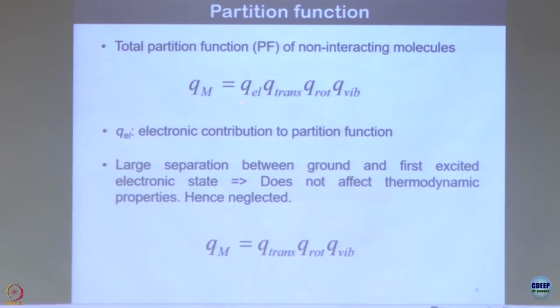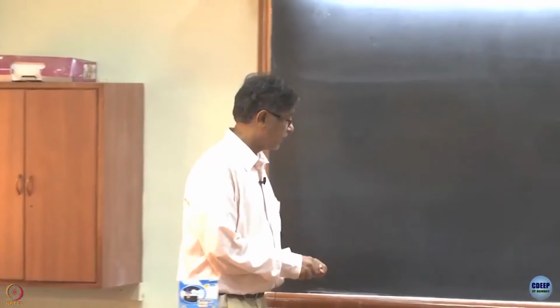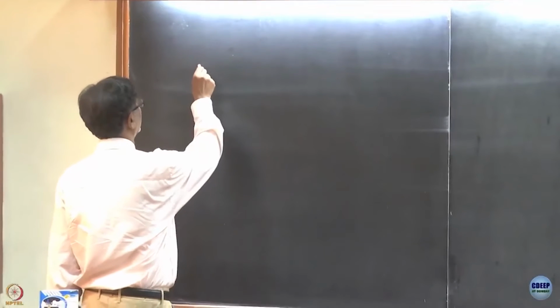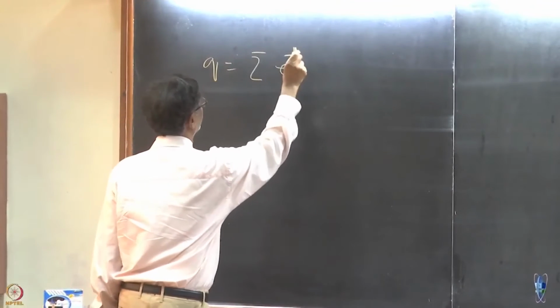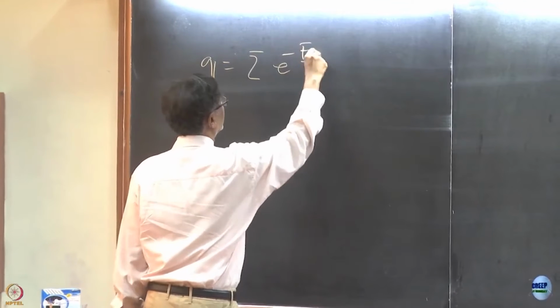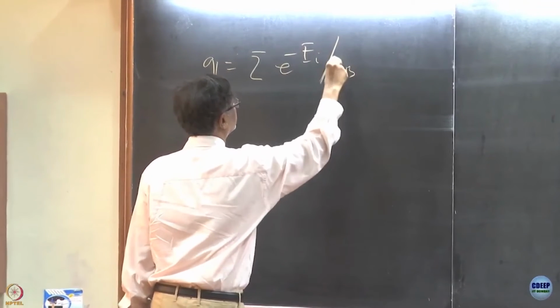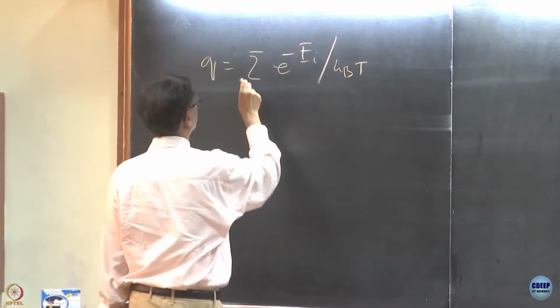Q is the sum over e to the power minus ei by kBT, and this part I will probably remind you of a few times, because we have not done it properly or in great detail. So the partition function Q is the sum over i of e to the power minus ei by kBT, where kB is the Boltzmann constant.